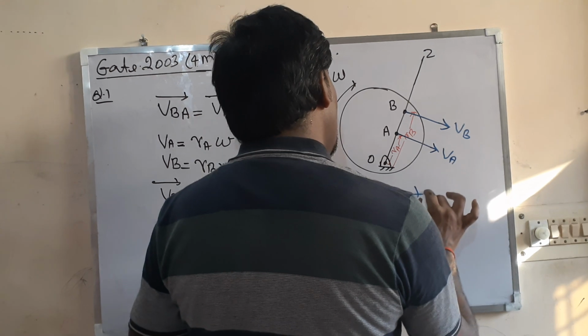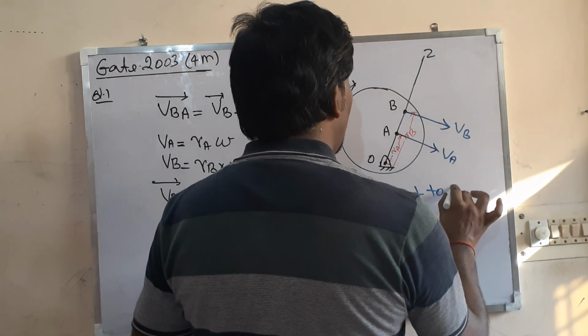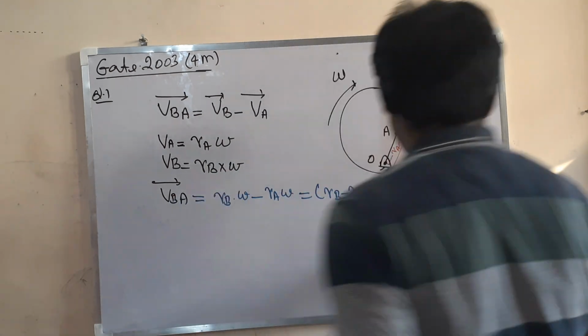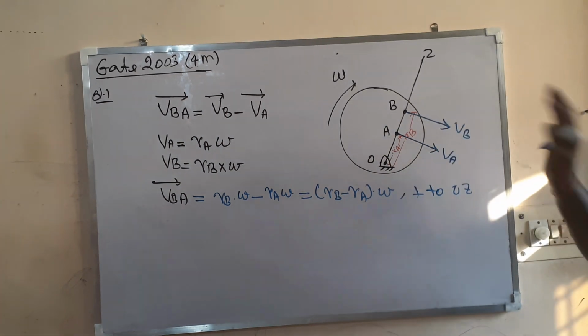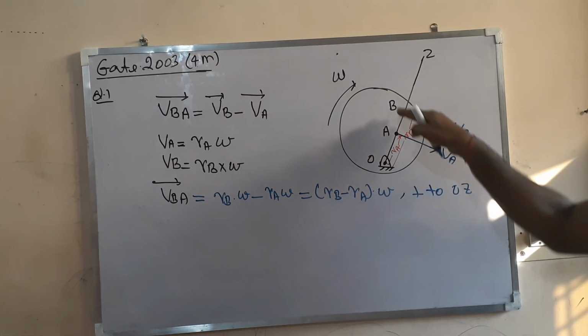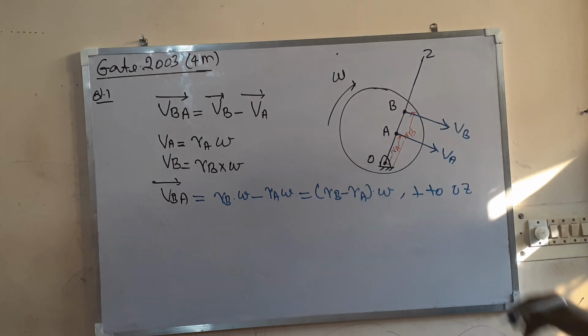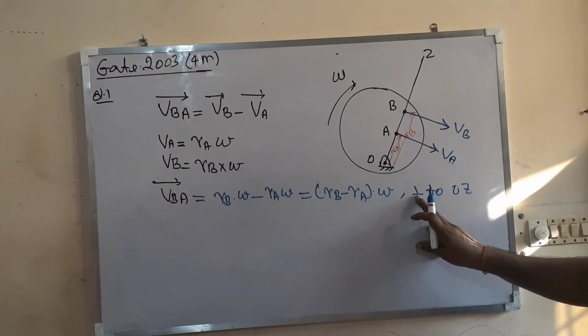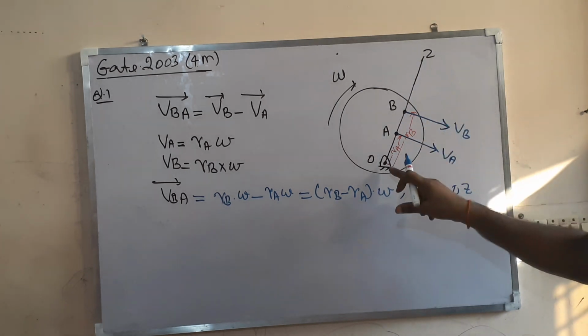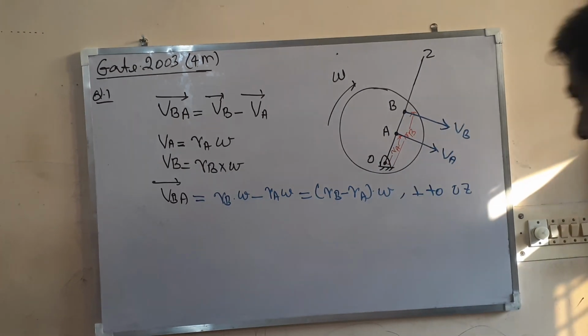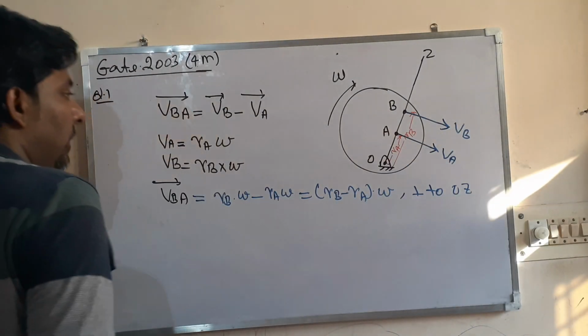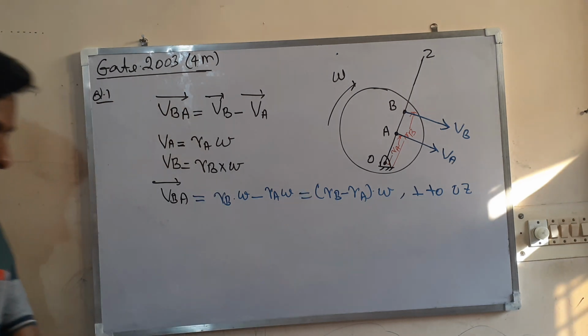If A is in this direction and B is in this direction, then of course VBA will be along this, because they are collinear. So that will be perpendicular to OZ. So that is your answer.